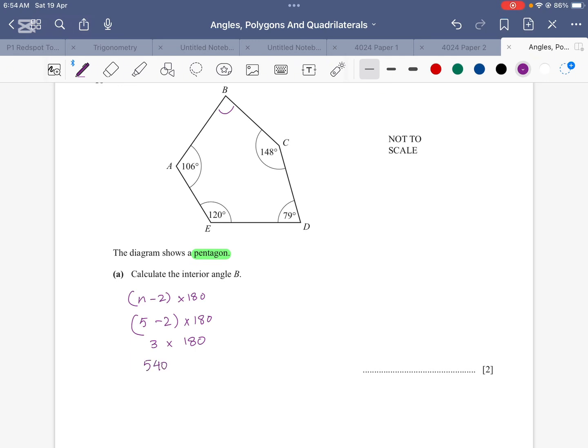Now that we know the sum is 540, so 540 minus 148, starting from here, minus 79, minus 120, minus 106 is equal to angle B. So 540 minus 148 minus 79 minus 120 minus 106 gives me 87. Now when B is equal to 87, you can check by adding all of them and it should turn out to be 540.